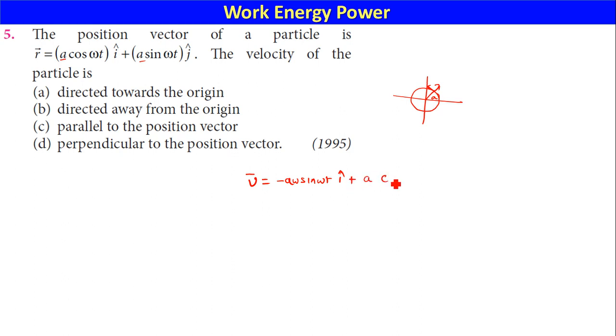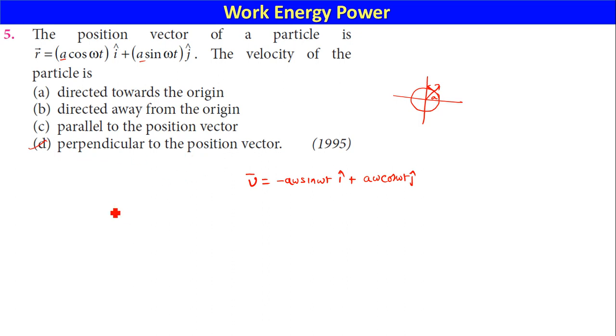Sin omega t differentiation is cos omega t, and one omega extra will be coming on j cap. Alright, if you find out the dot product between them, you will get obviously 0. That means r and v are perpendicular to each other. So velocity is always perpendicular to the position vector.